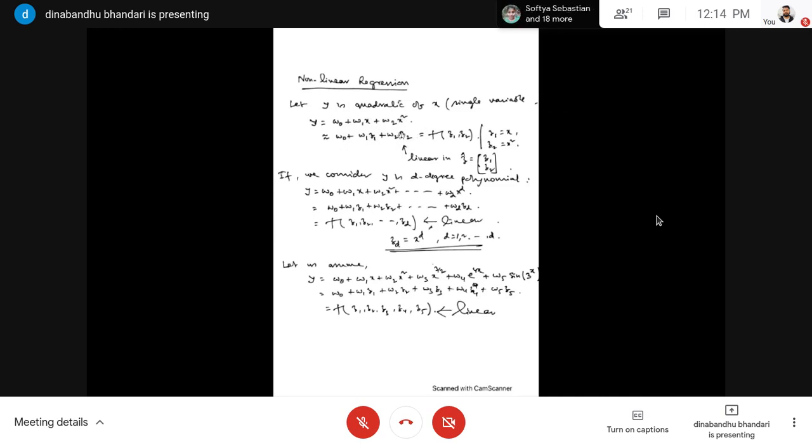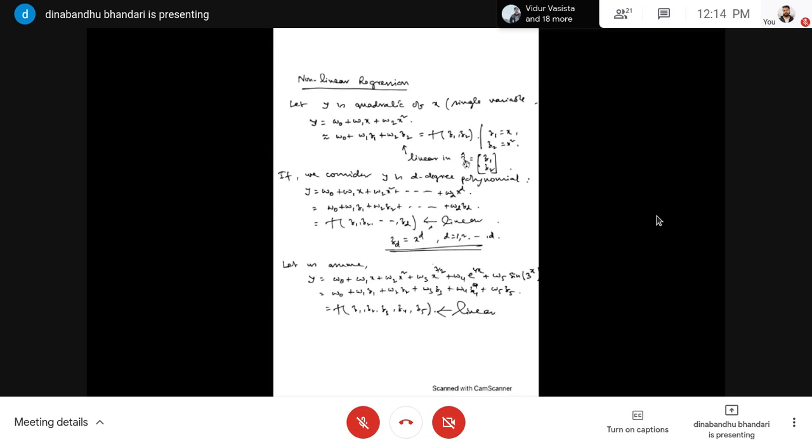So this is a linear function in z1, z2. And we know how to handle several-variable or multiple-variable linear functions, as we have just learned. What is z1? z1 is nothing but x, and z2 is nothing but x square. So a quadratic function of a single variable is nothing but a linear function of two variables.